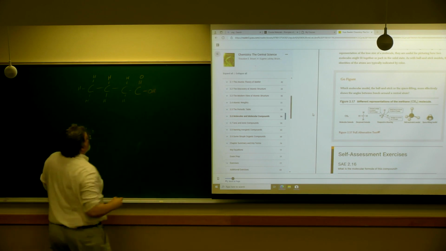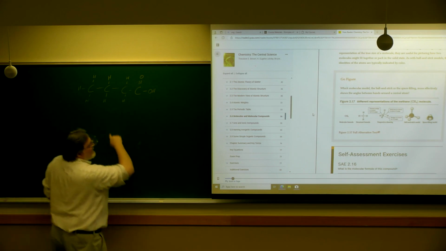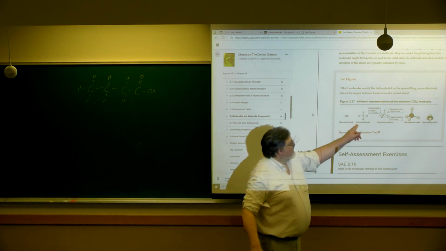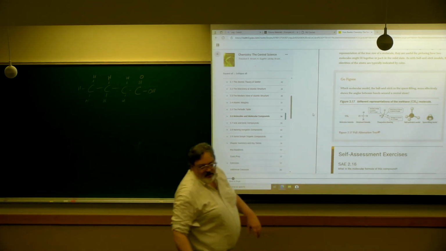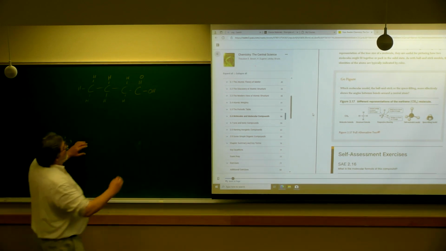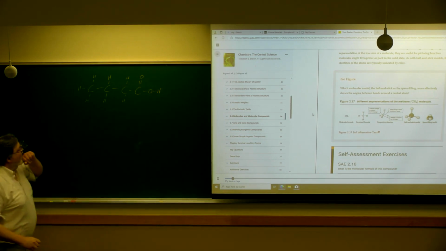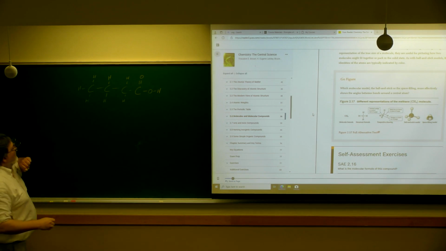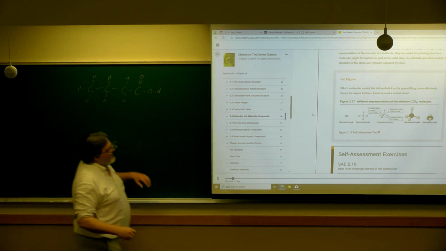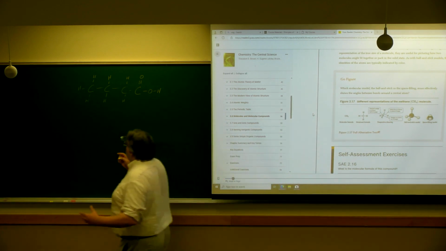Can't remember quite where we left off, but all right. That is this. It's just a diagram showing you what's connected to what. That's a molecule. OH is so common that we sometimes write them. Okay. So that's this.